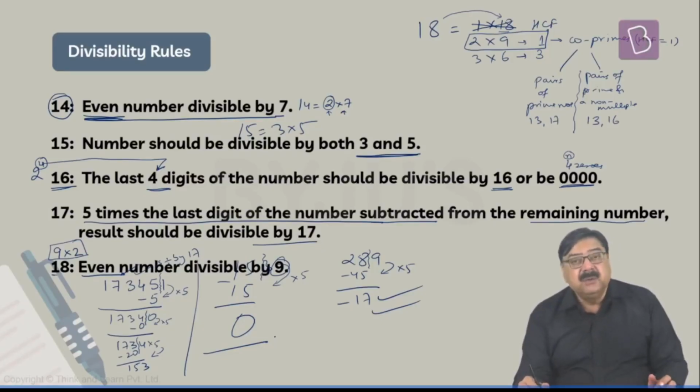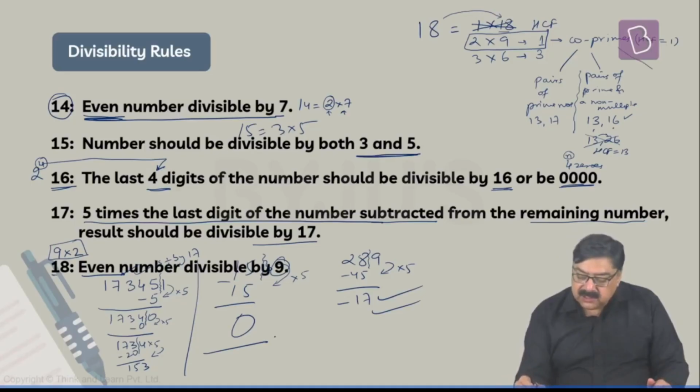Now 16 is not divisible by 13, right? So these are also co-primes. But if you take 13 and 26, well, the HCF here will be 13 because 26 here is divisible by 13. So this we cannot accept. 13 and 16, 16 is not divisible by 13, hence they are co-primes.